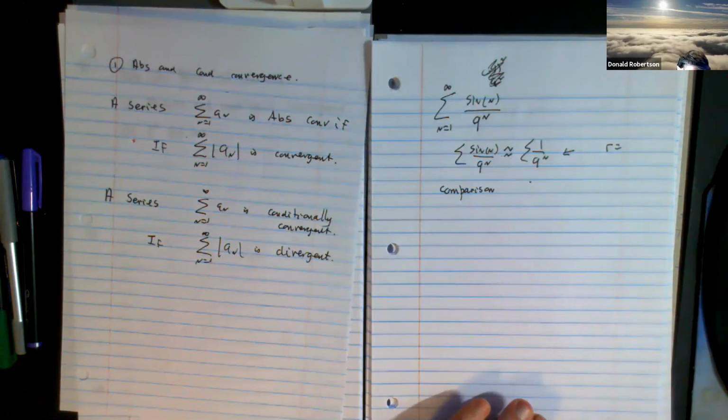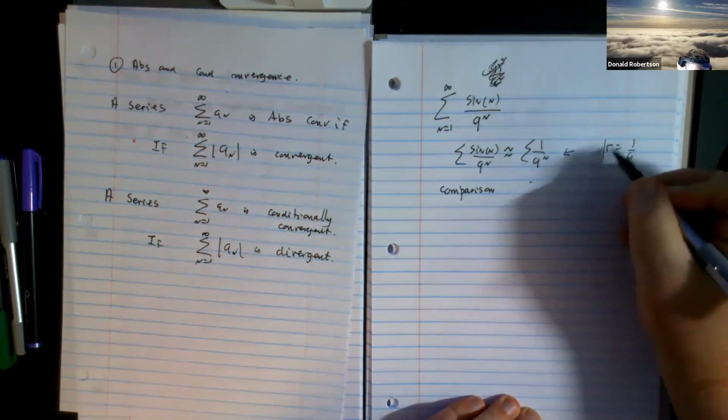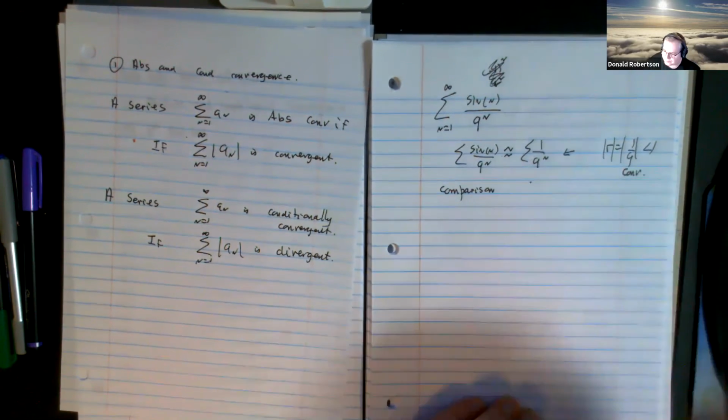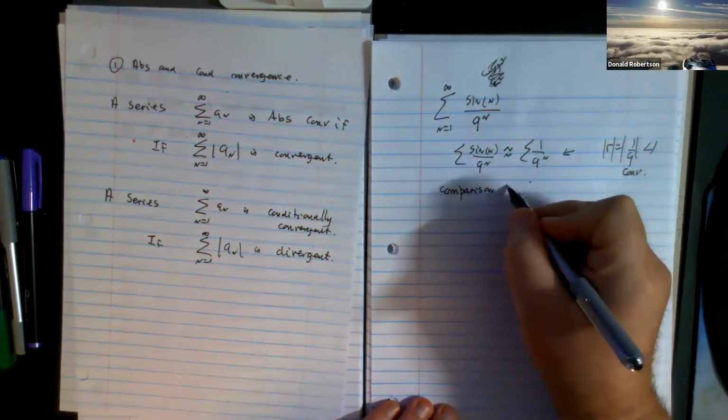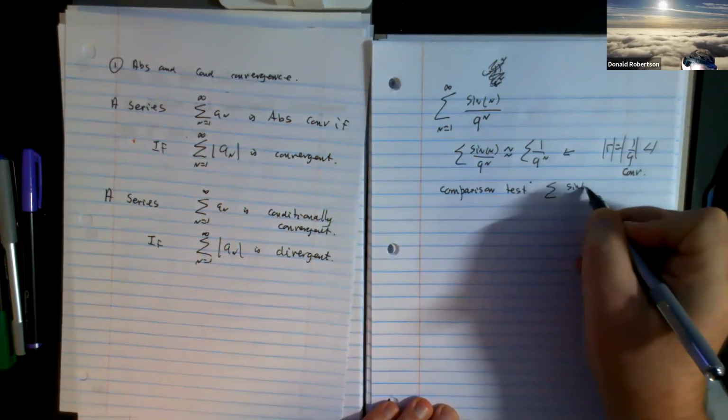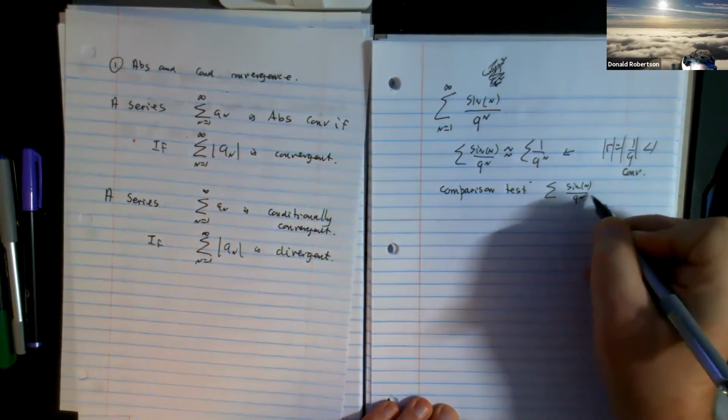One-ninth. 1/9. And isn't the absolute value of that less than 1, so doesn't it converge? So by the comparison test, the original, that's this guy, converges.